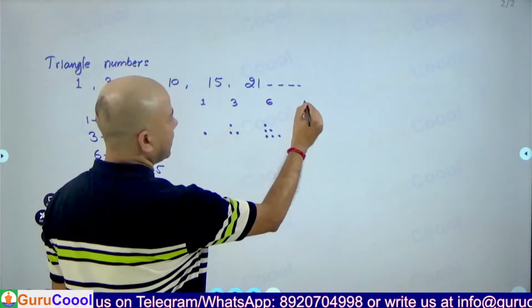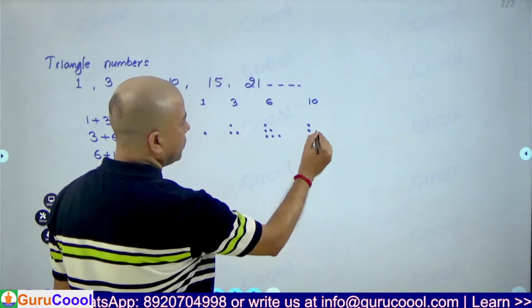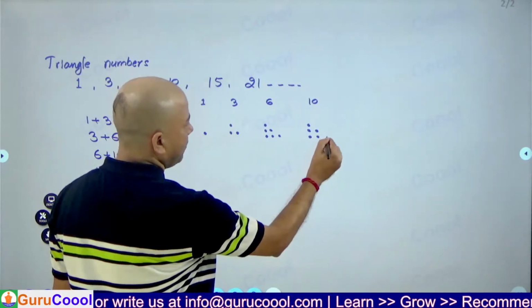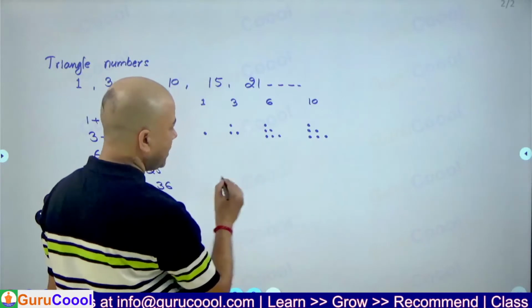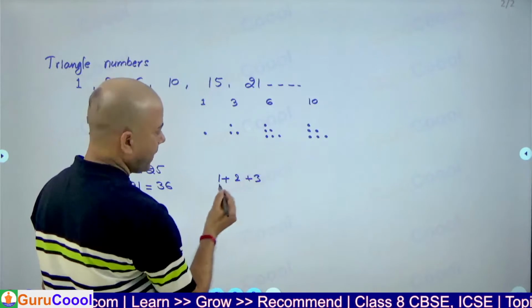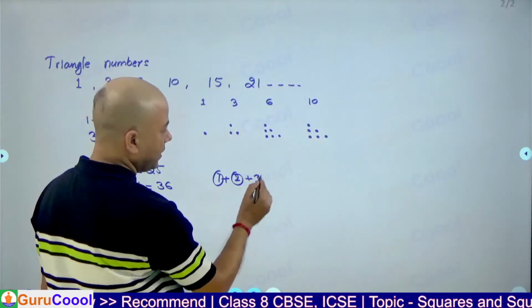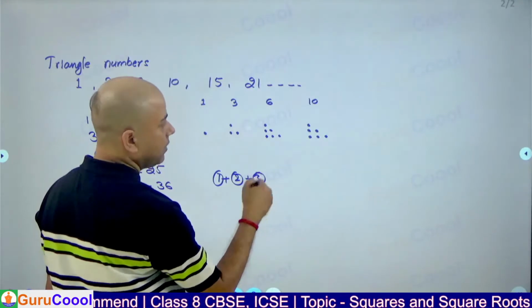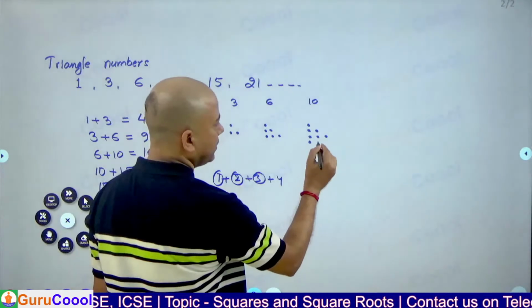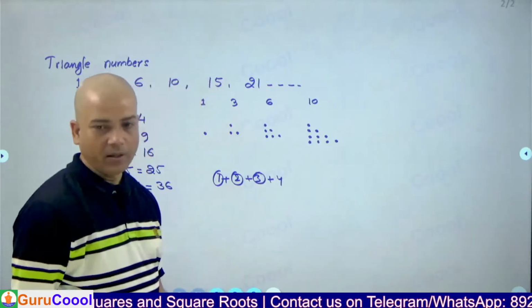Then comes 10. You take 1, then you take 2, then you take 3, like this. 1 dot on top, then 2 dots below that, then 3 dots below that. In this way you will be increasing. Next will be 4 dots: 1, 2, 3, 4. It's also a triangle number.